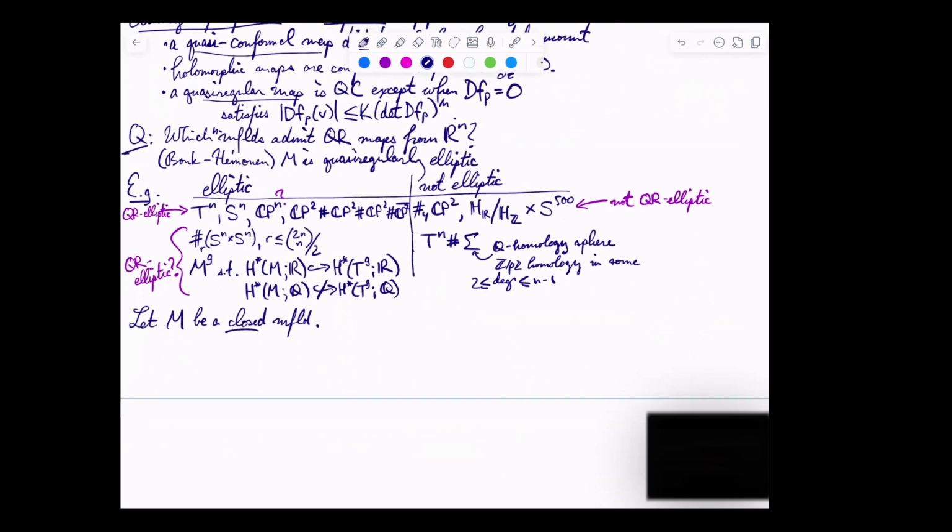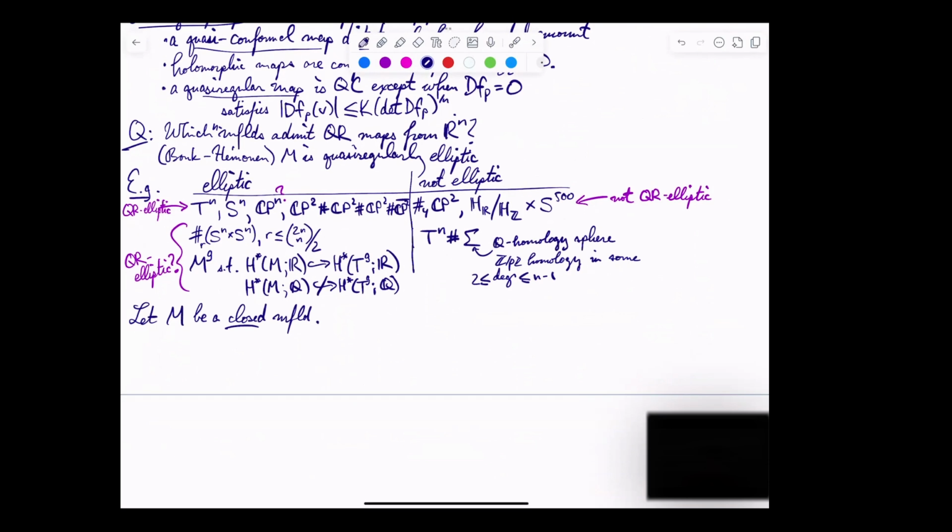And let me make another table. So here I'm going to talk about elliptic manifolds, and here I'm going to talk about QR elliptic manifolds.